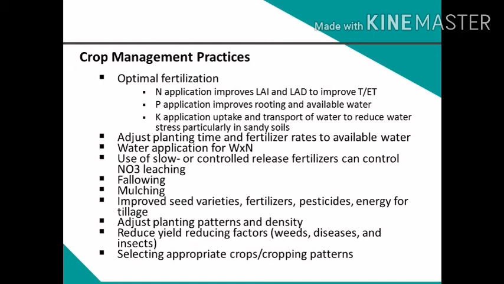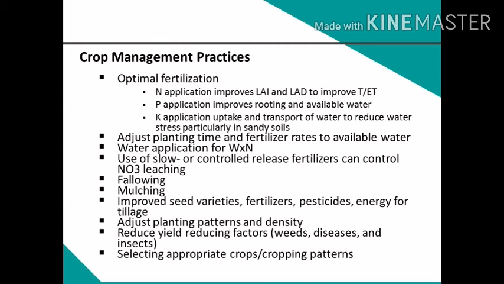Phosphorus application improves rooting capacity of the soil and available water. And potash application improves the uptake and transport of water to reduce water stress, particularly in sandy soils and at critical stages of crop growth.